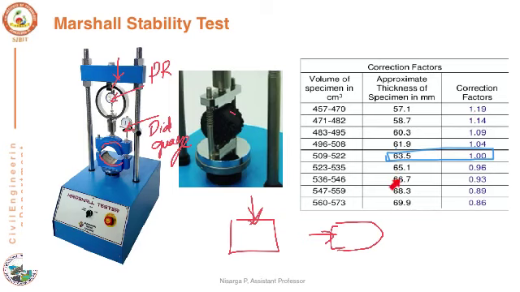And if the thickness value increases, the corresponding correction factor is given. So the stability value we have obtained for the given compacted thickness has to be multiplied by the suitable correction factor to get the corrected stability value.